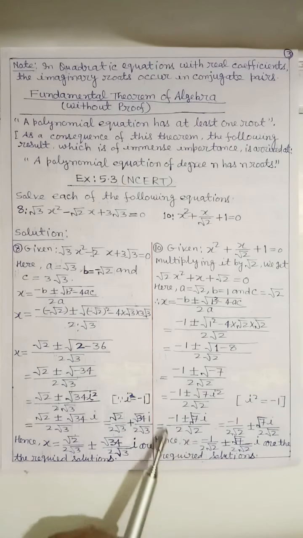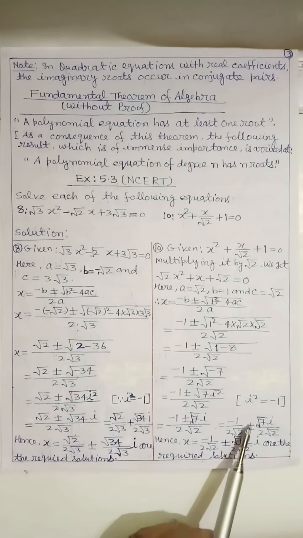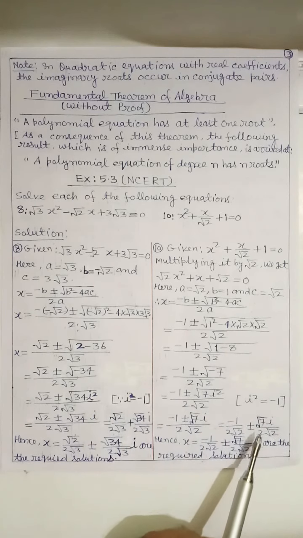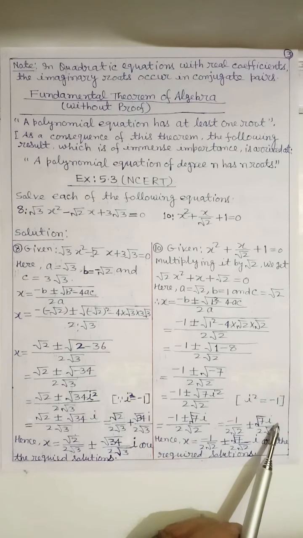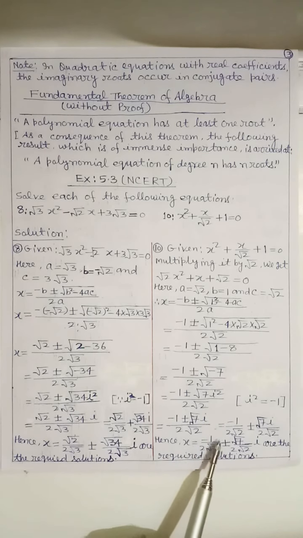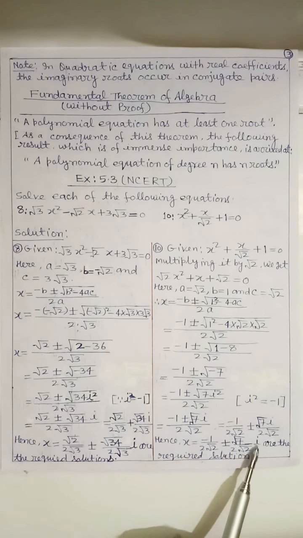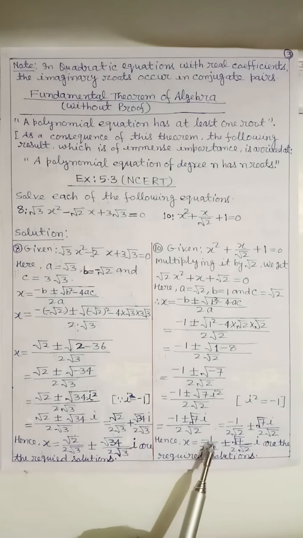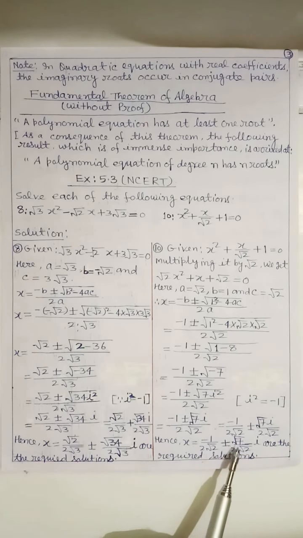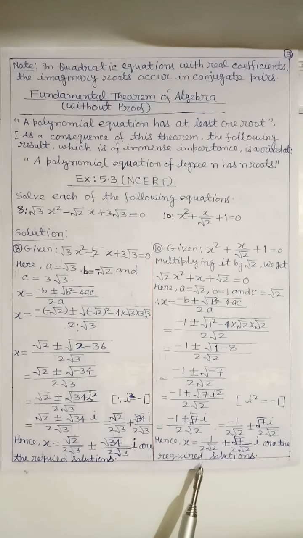We solve this and we get minus 1 by 2 root 2 plus minus root 7 by 2 root 2 i. Meaning x is equal to minus 1 by 2 root 2 plus root 7 by 2 root 2 i and minus 1 by 2 root 2 minus root 7 by 2 root 2 i are the required solutions.